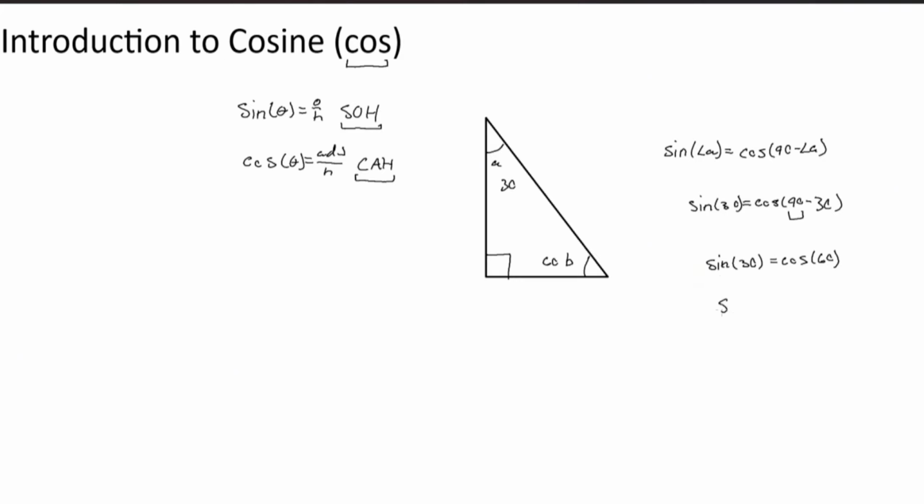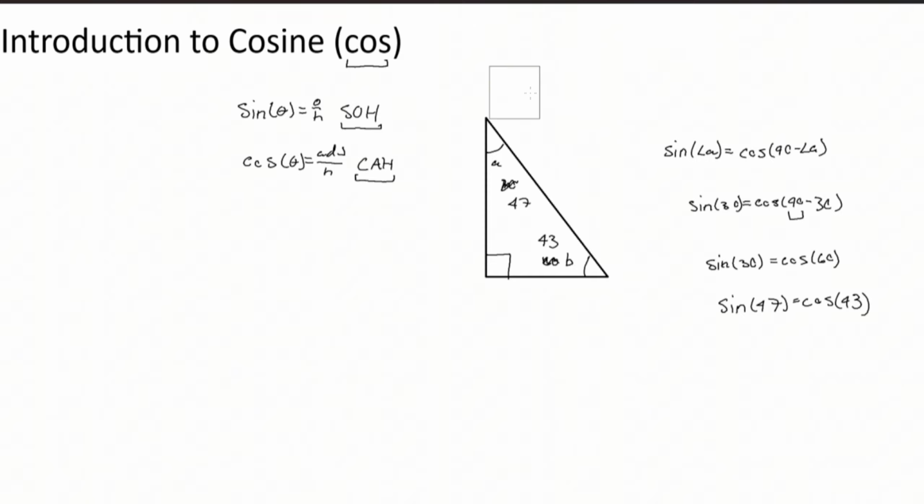Like the sine of 47 is going to be equal to the cosine of 43, because if this side wasn't 30 and this was 47, this wouldn't be 60 and this would be 43, because these two are complementary. 47 plus 43 is indeed equal to 90 degrees.